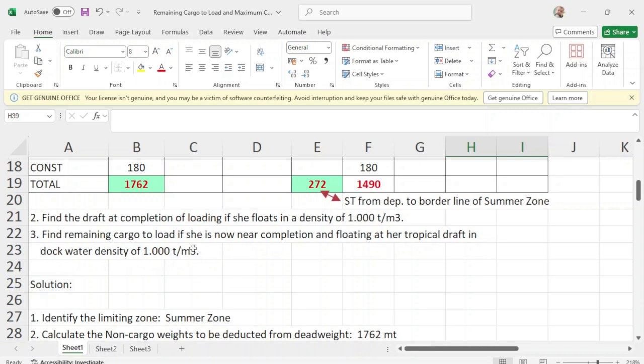So what is her remaining cargo? But it doesn't mention the sinkage, or how many centimeters we are going to sink prior to reaching the departure drop.